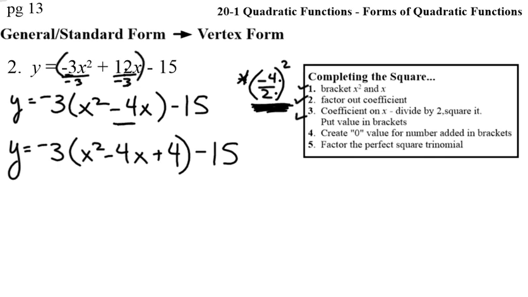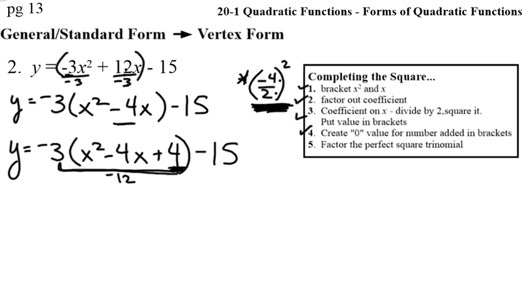Here now, though, as soon as I add my special number, that's where I remember, wait a second, I've added something. I need to counteract that. I didn't add 4. I added 4 times negative 3, which is a negative 12. By putting this 4 in to give me the right stuff, I put a negative 12 into the equation.